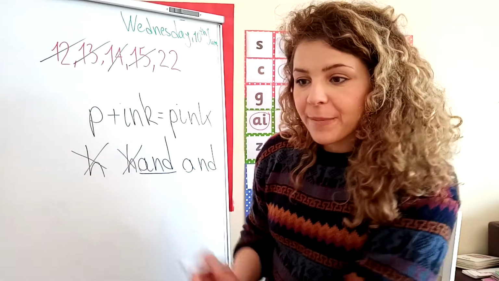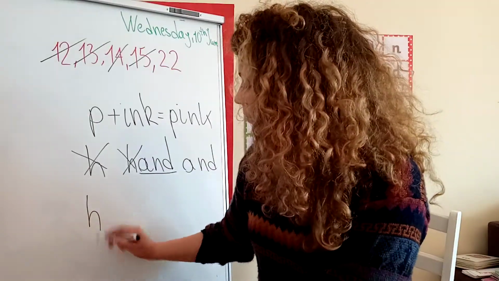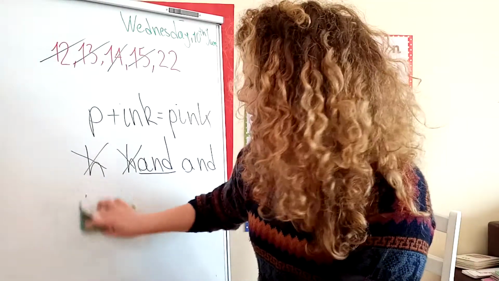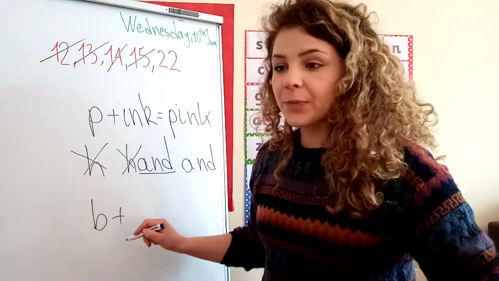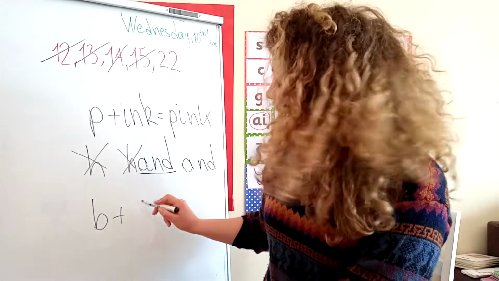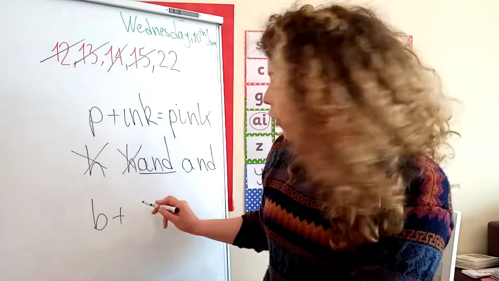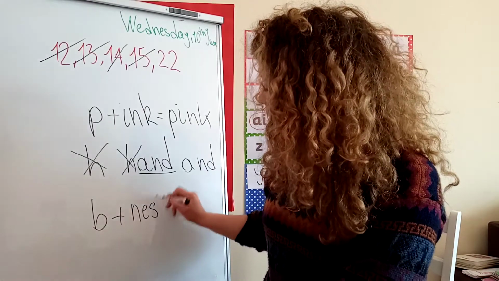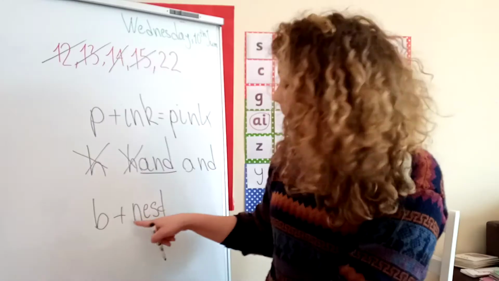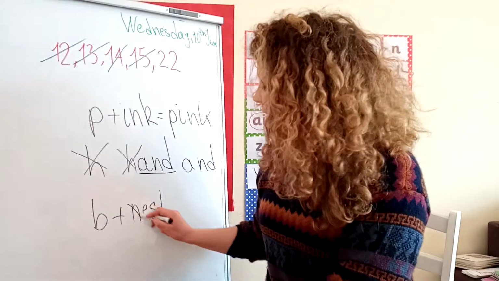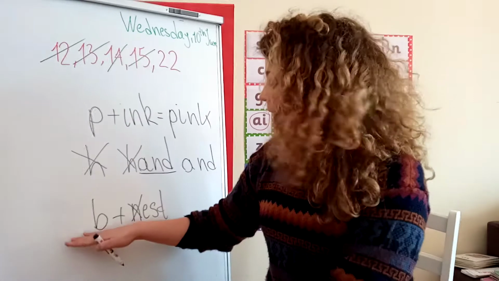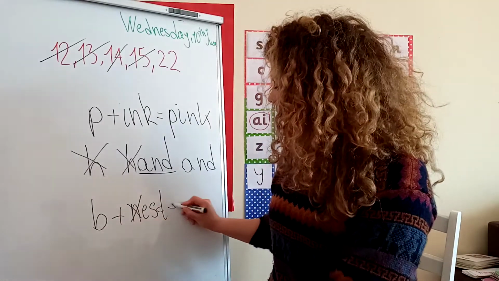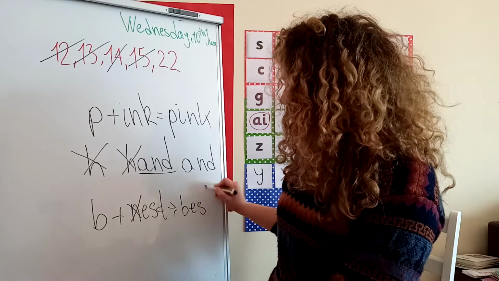Here we have B, sorry, B plus a picture of a nest. So I'm going to write the word nest. But look, N is crossed out. So we have B, N is crossed out, we don't use it, so we have B, est. The word we get is best.